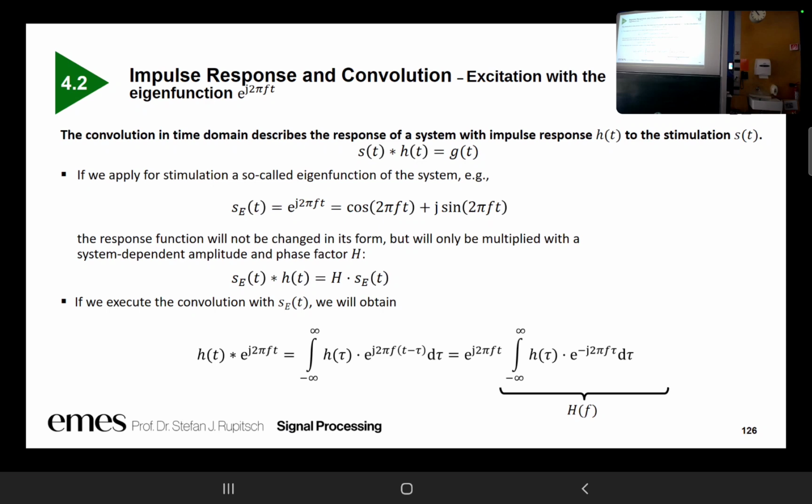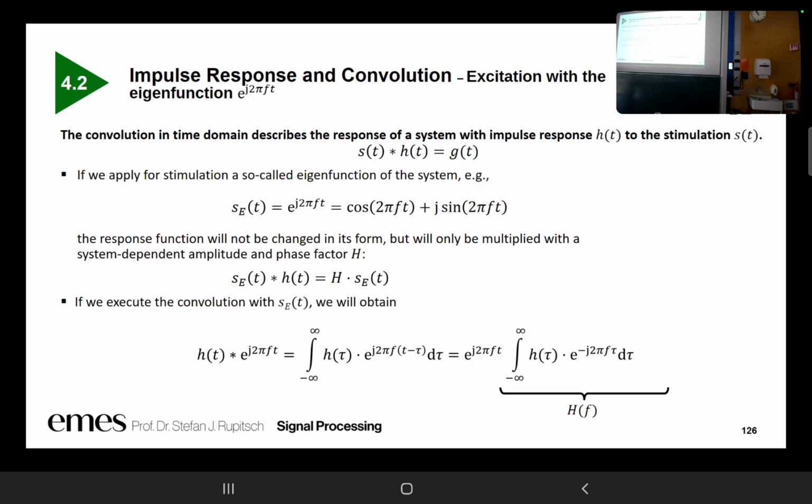Good, but let us return to this point. You agree with me? We can supply our system with a signal with one frequency, and we can look at the output of the system at exactly this frequency. This can be a cosine oscillation or a sine oscillation. We don't want to combine both. That's the reason why we use a complex exponential function, which is the result of a cosine plus a sine oscillation.